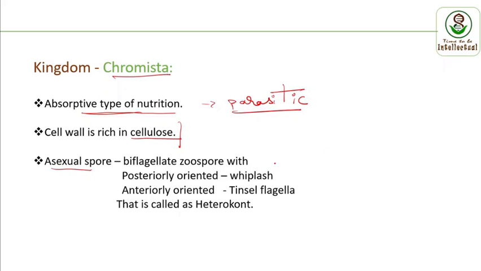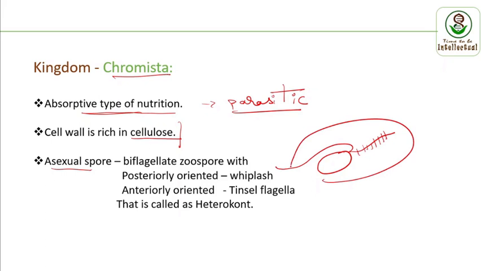The entire Chromista or Oomycota has the asexual spore, the zoospore, and that zoospore is biflagellate, with a posteriorly oriented whiplash and an anteriorly oriented tinsel flagellum.